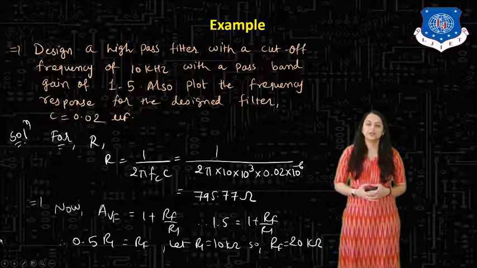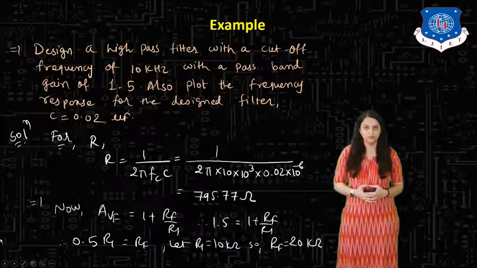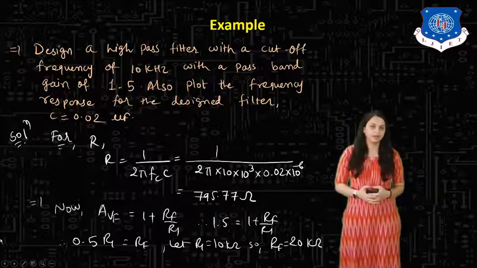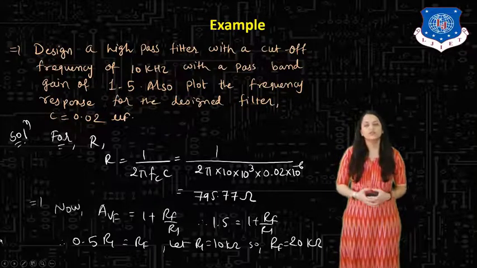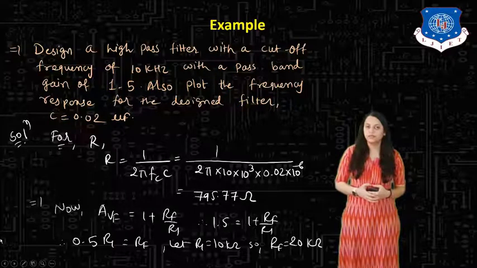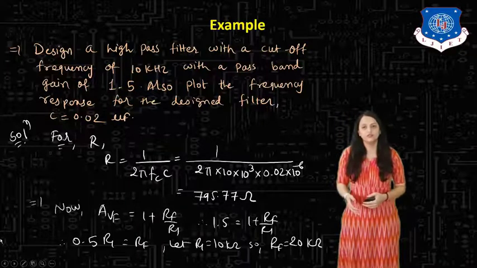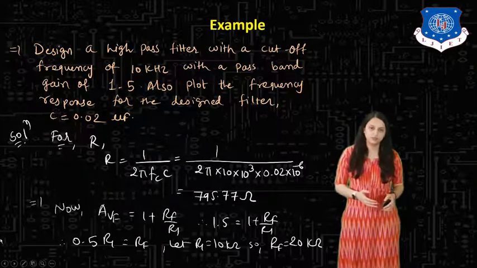So first of all, let us obtain the resistance value. We know the cutoff frequency formula Fc equals 1 by 2 pi RC. If we want to find the value of R, we can make R the subject, so it will be equal to 1 by 2 pi Fc into C. Here the cutoff frequency value is given and the capacitor value is given.